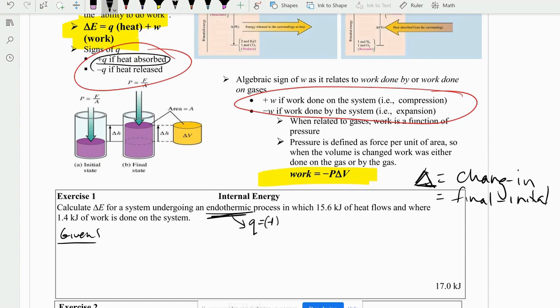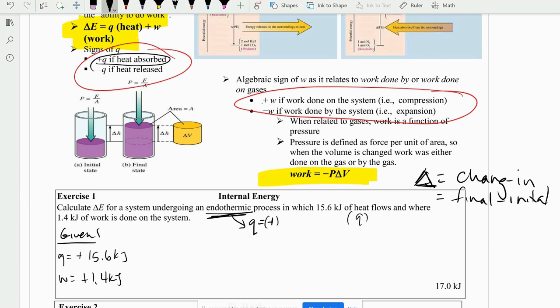It says that 15.6 kilojoules of heat is going to flow, and heat, of course, is Q. So now we know our Q value is positive 15.6 kilojoules. Then it's telling us that 1.4 kilojoules of work is done on the system. If work is being done on the system, that's going to be a positive value. So W equals positive 1.4 kilojoules.